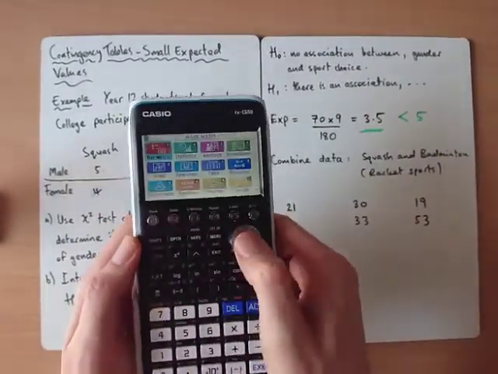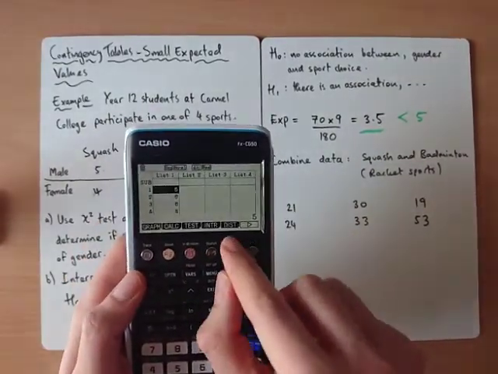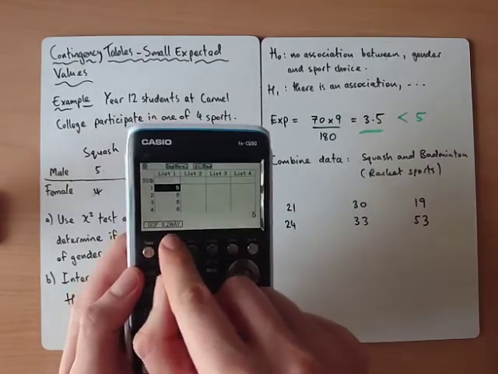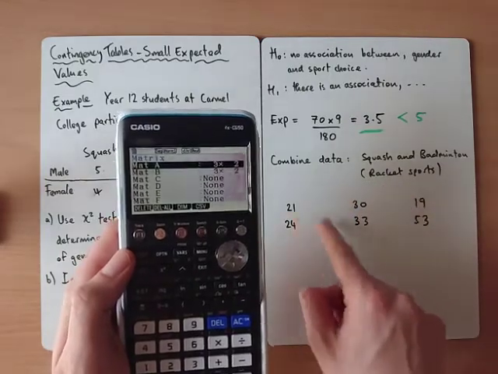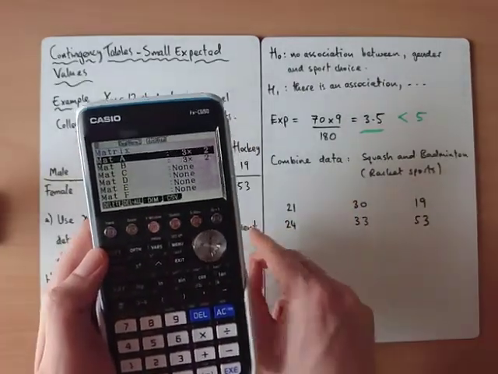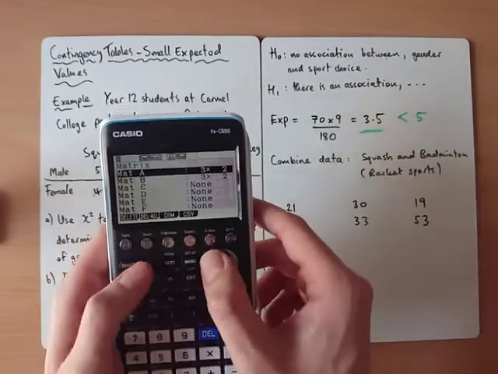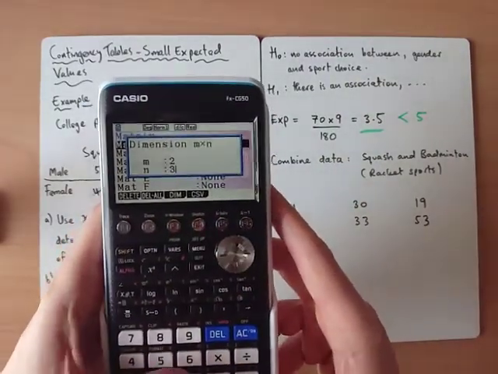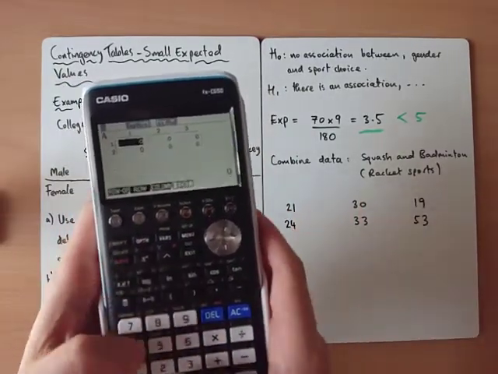Okay, so now let's go on to statistics, test, chi, two-way. The dimensions of my matrix now are 3 by 2, wait, no it's not, is it? It's 2 rows, 3 columns, so I'm going to change my dimension to 2 rows, 3 columns, and enter my new observed values.